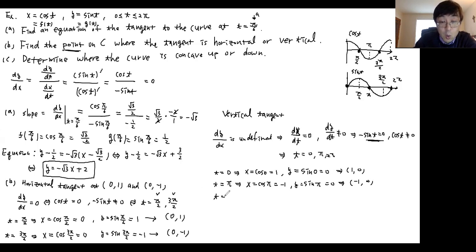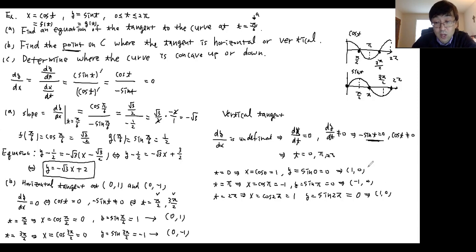Then t equals 2 pi. You plug into x and y again. x equals cosine of 2 pi, which is 1. y equals sine of 2 pi, which is 0. So we have (1, 0).